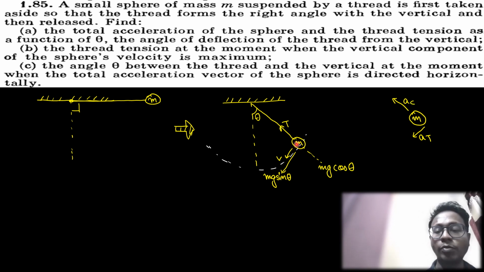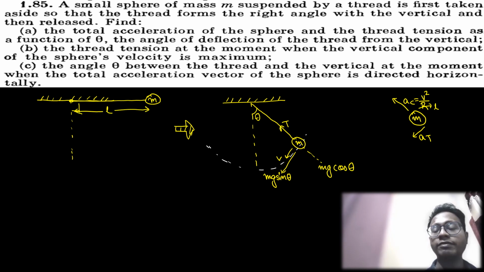The tangential component of acceleration is nothing but the rate of change of velocity, and the centripetal component of acceleration that is directed towards the center is nothing but v square by r. So centripetal acceleration at this point is equal to v square, or velocity at this point squared, divided by r, or divided by the length of the string. Out here r, or l, is nothing but the length of the string.